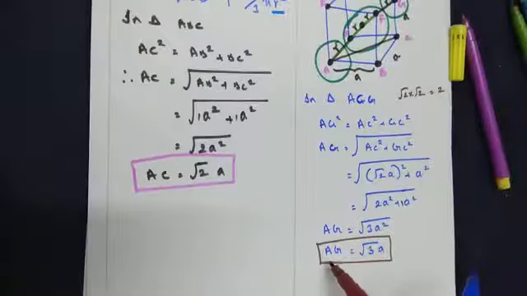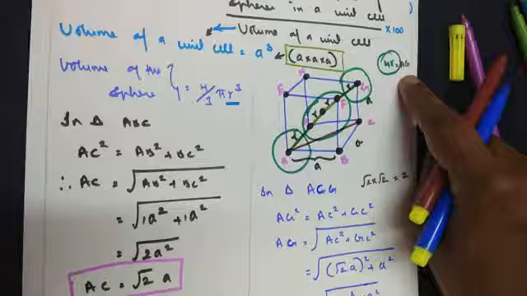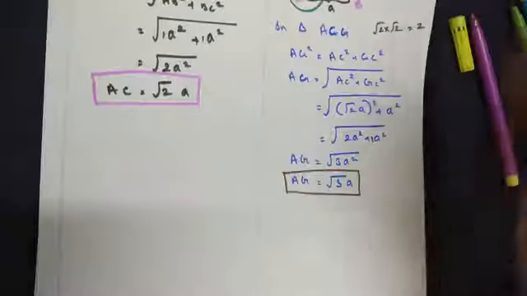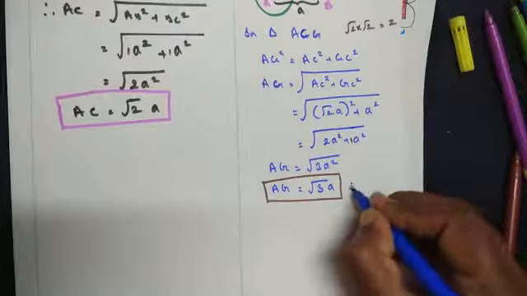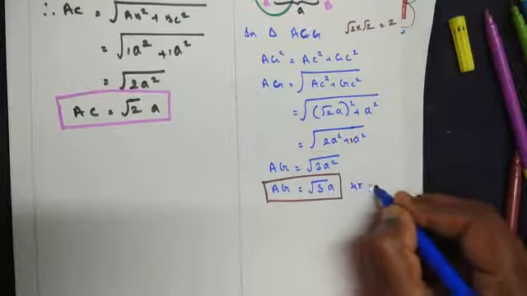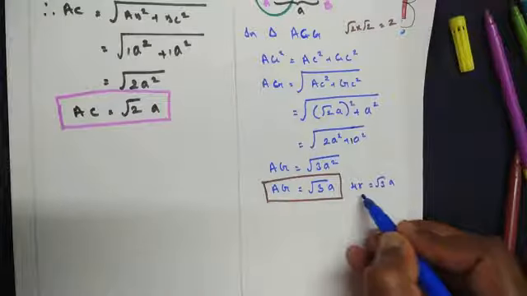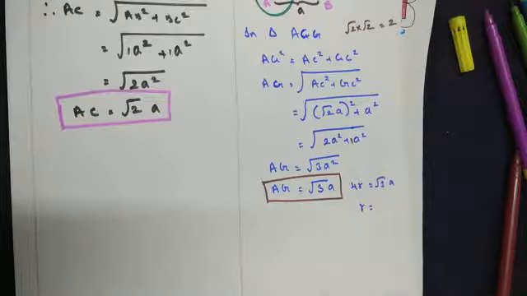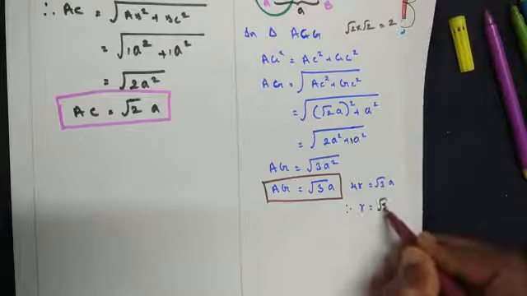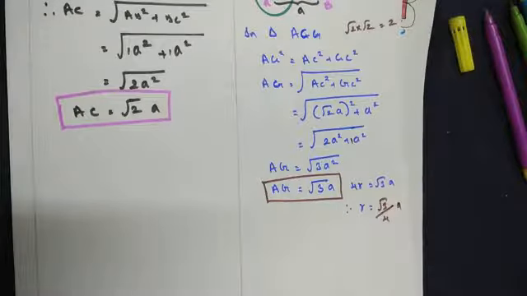Let's substitute the value. In place of AG, I am going to substitute this value. So I get here 4R is equal to square root of 3 into A. How shall we calculate R from here? Therefore, R is equal to square root 3 by 4 into A.